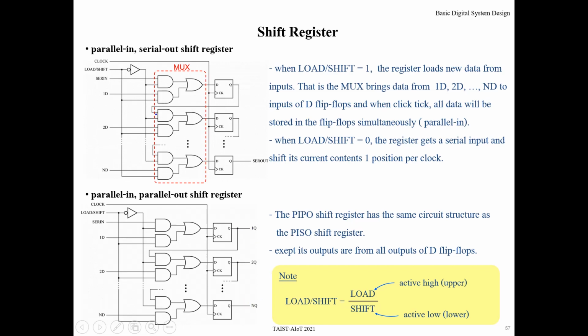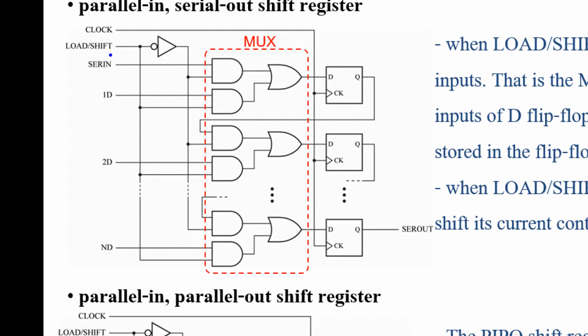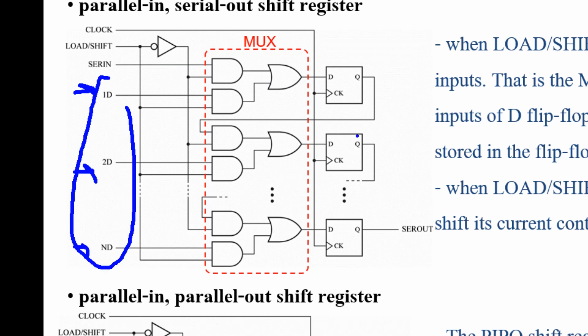Okay, and for the input part, you can use both shift mode or load. That means you can use data only 1 bit from serial in, or use data from this data input, load simultaneously, or at the same time.